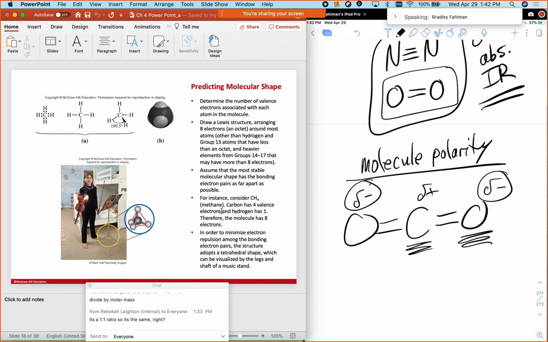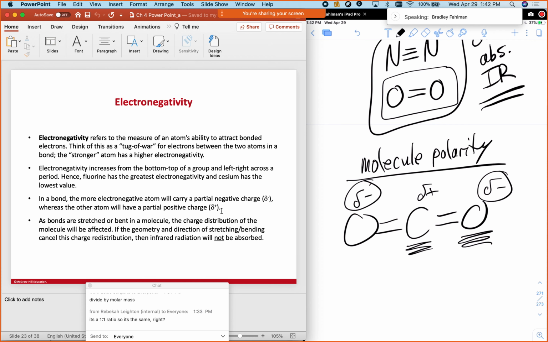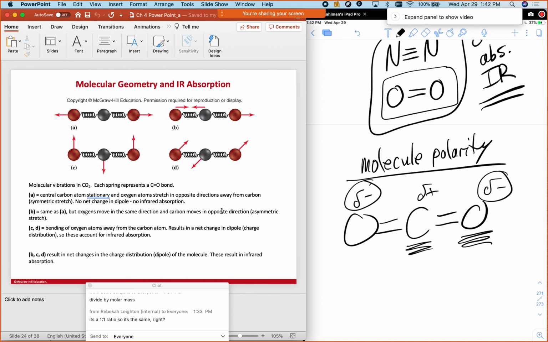This slide right here is pretty key. You could even do a little sketch in your notes, or just look at this and remember it. This is CO2: carbon, the two oxygens, and it's linear. If both of these are being stretched out at the same rate, then nothing is changing. The dipoles, or the charge on this molecule, are not changing.